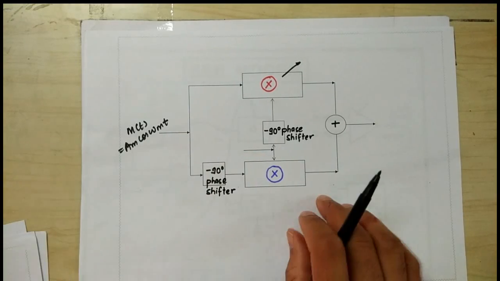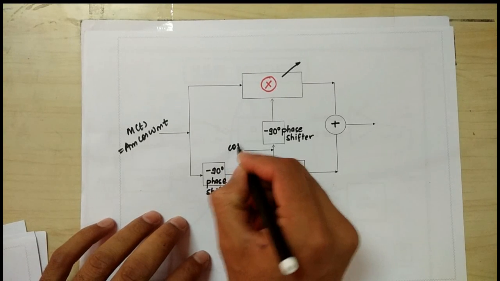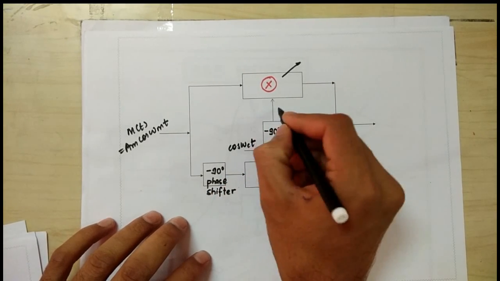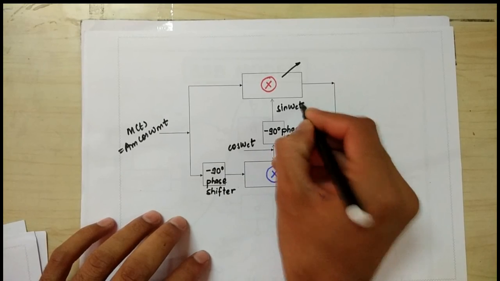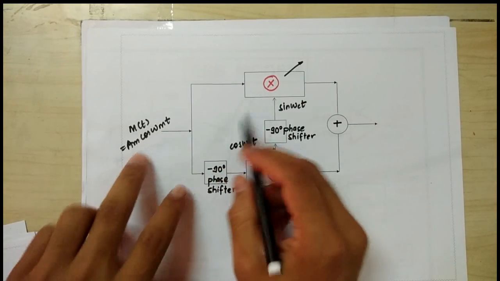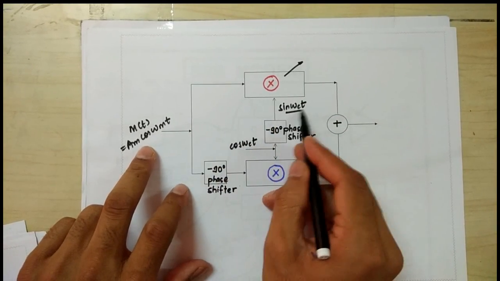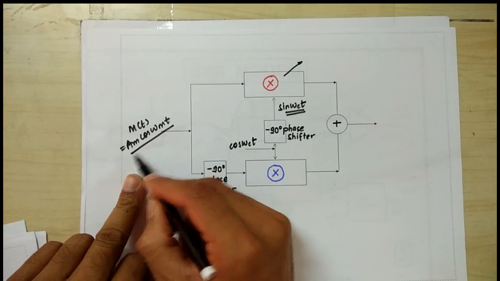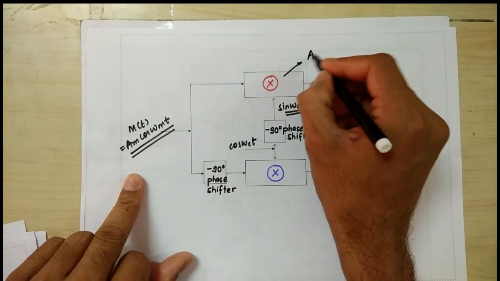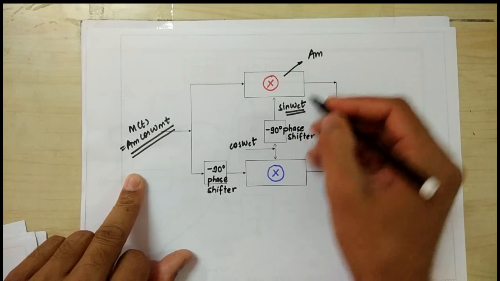So this is my cos omega ct and this becomes sin omega ct. If you multiply these two signals, sin omega ct and AM cos omega mt, we get AM cos omega mt into sin omega ct.